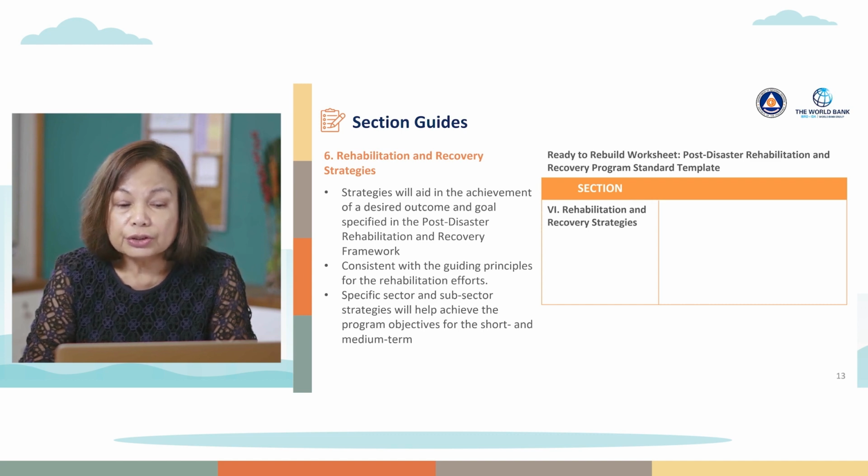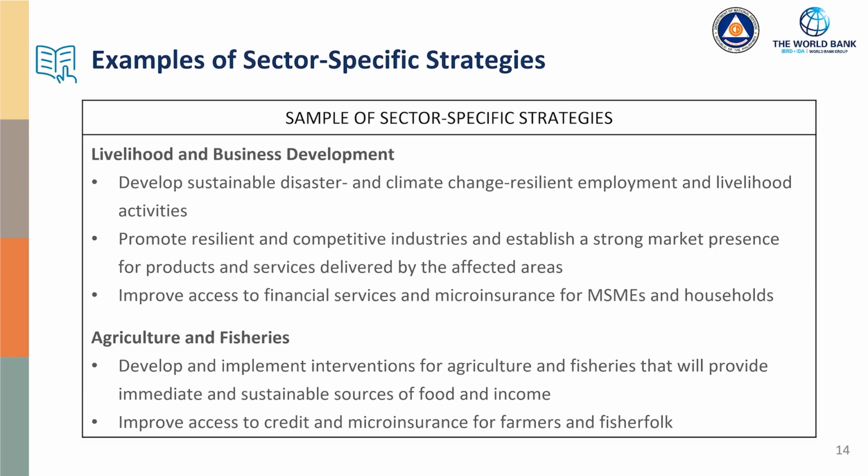Also, they should be sector-specific, and subsector strategies will also help to achieve the program objectives for the short and medium term. The next slide will show you again specific strategies, pero this time this will be by sector.